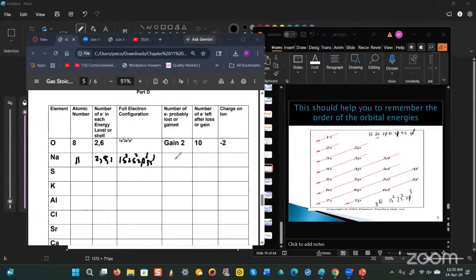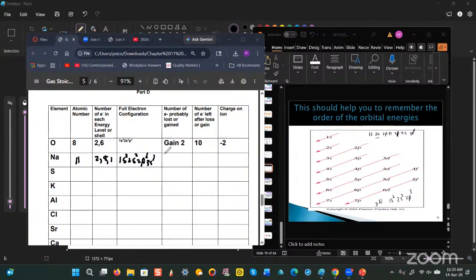Very good. Okay. Now, what's the number of electrons lost or gained in this case? Remember what I said, metals tend to lose electrons, non-metals tend to gain electrons. Sodium would gain 1?